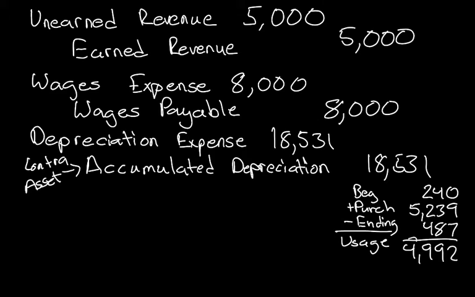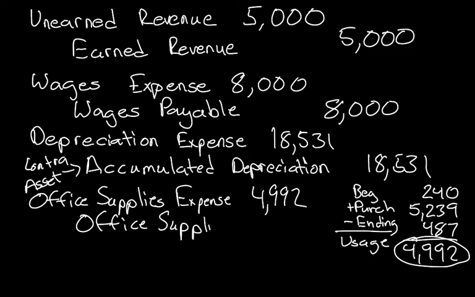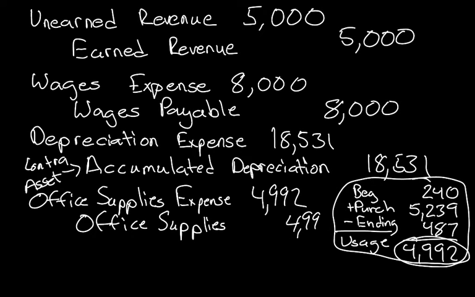And so that $4,992 here, we are going to debit office supplies expense, because that is the account we use to reflect the office supplies used, and because it's an expense account, it's going to be debited $4,992, and we're going to credit an account called, you guessed it, office supplies, because that's our asset account where we had these initial office supplies in. And we're going to credit that $4,992.